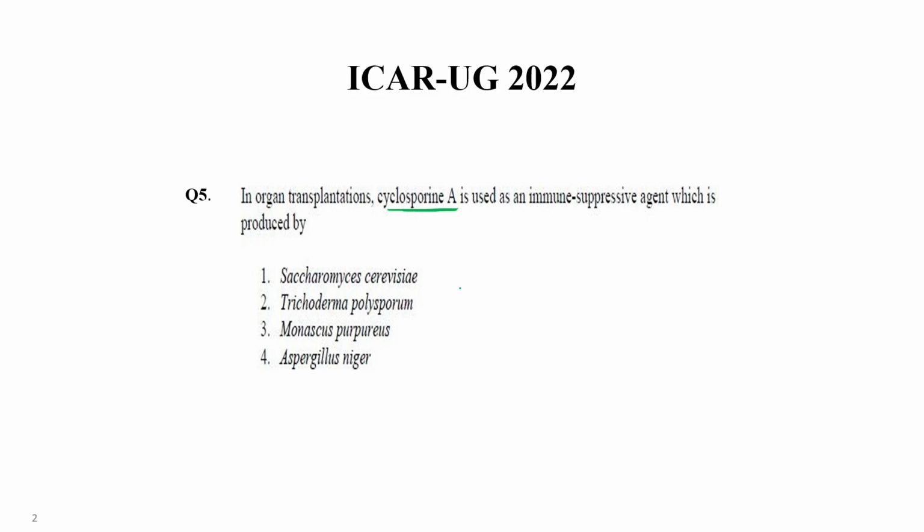Cyclosporin A acts as an immunosuppressive agent, and it is a product of a fungus, Trichoderma polysporum. So the right answer would be choice number 2.